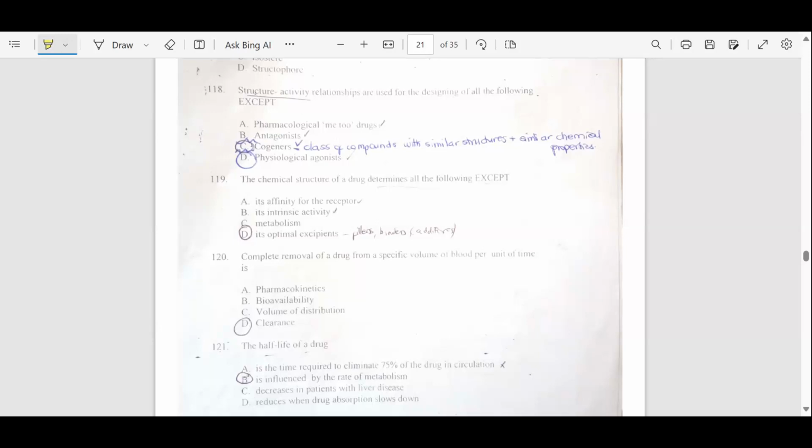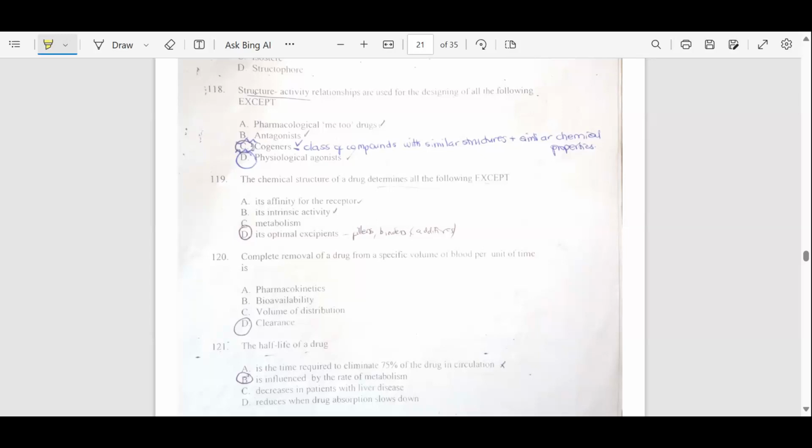Someone has said D, but I'm wondering for D, wouldn't we use the physiological agonist and the structure activity relationships to then design similar drugs?